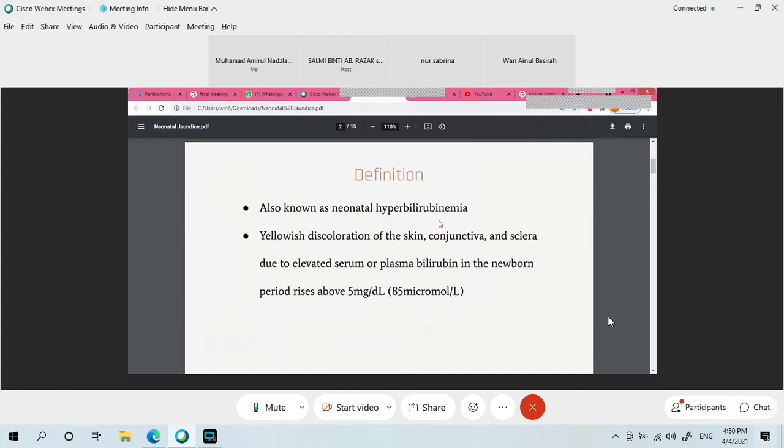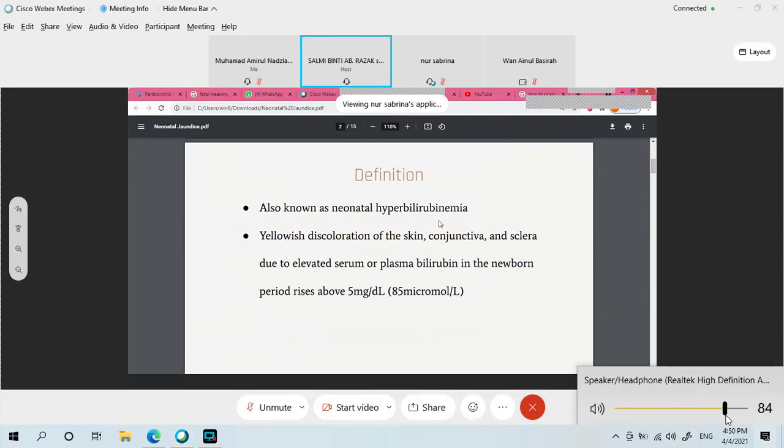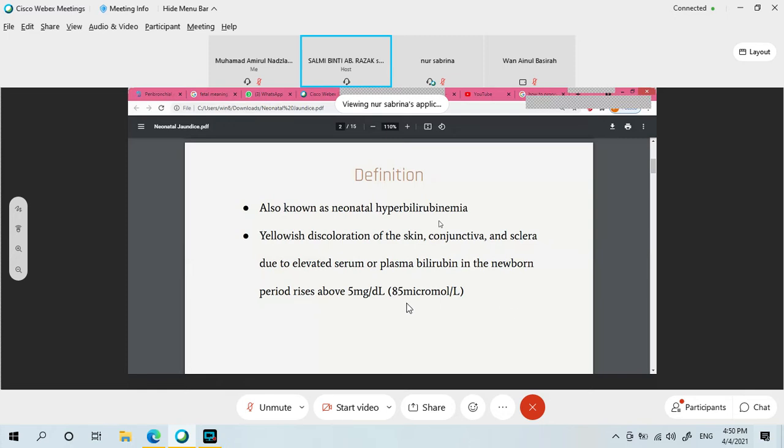So this is neonatal jaundice, isn't it? So dia sepatutnya adalah sclera, minimum sclera. Maknanya if the patient is noted to have scleral jaundice, minimum is about 5 kan? If the patient is above 5, kita biasanya pakai micromol per liter. So kita guna 85.